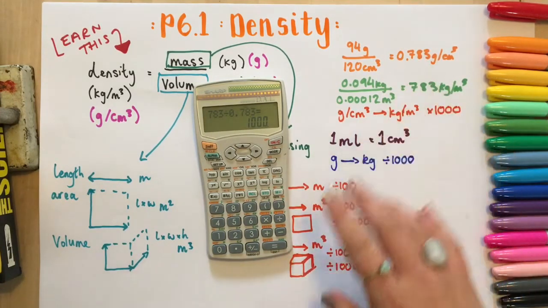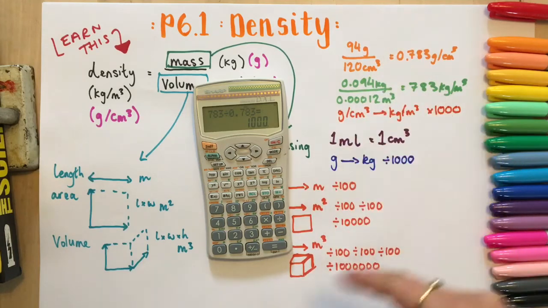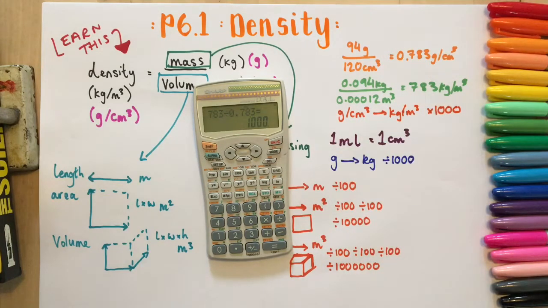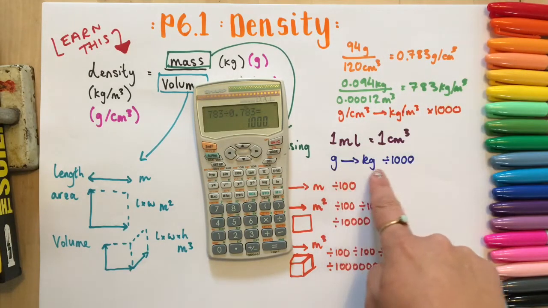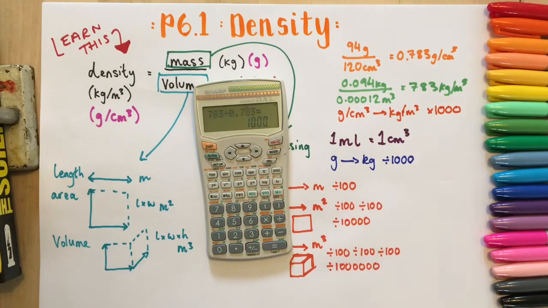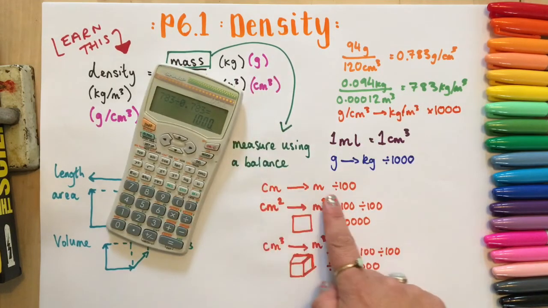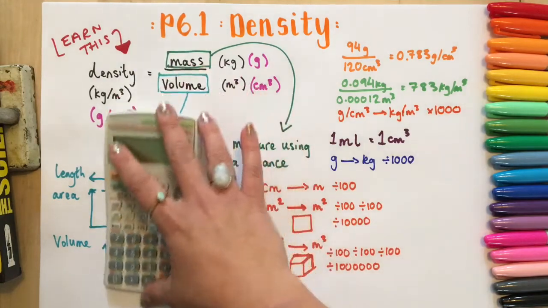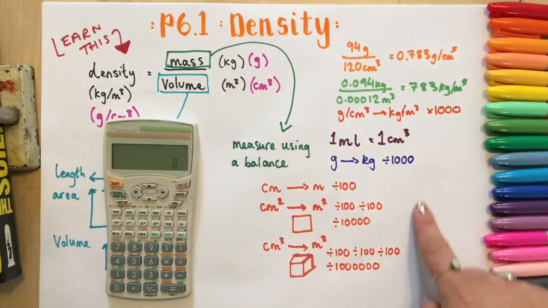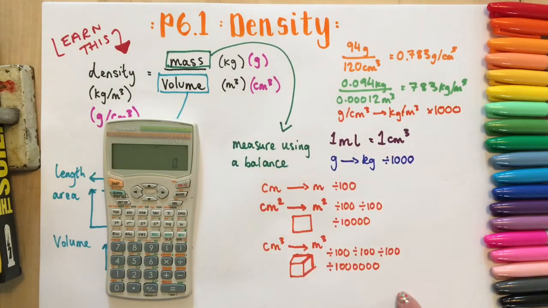Converting units is a skill that you need already. Being able to convert, particularly from grams to kilograms, is a really common one. And also from centimetres into metres, we do use that later on as well. So this process is really useful to be able to do.